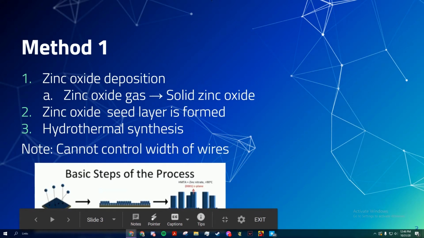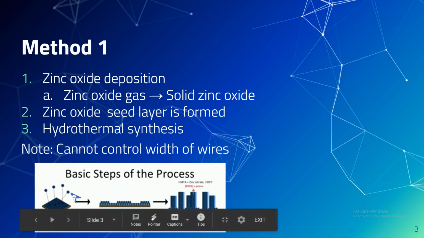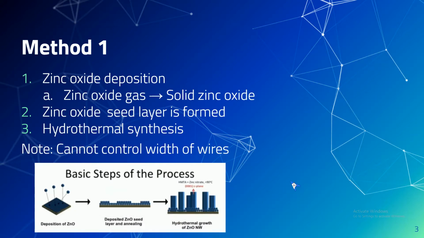So there are two main types of hydrothermal synthesis, each with their own steps and each with their own pros and cons. In the first method, there are only three steps, as you can see in this picture below. The first step that occurs is the deposition of zinc oxide gas to zinc oxide as a solid form.